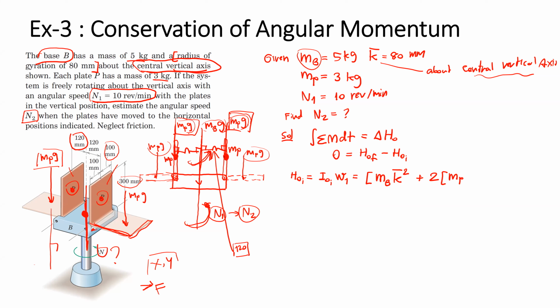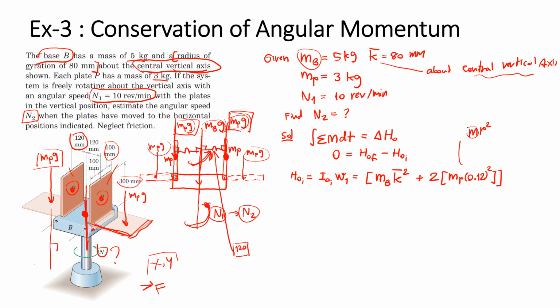So the mass MP with the radius 120 millimeter will create the moment of inertia for the plate, m r square.